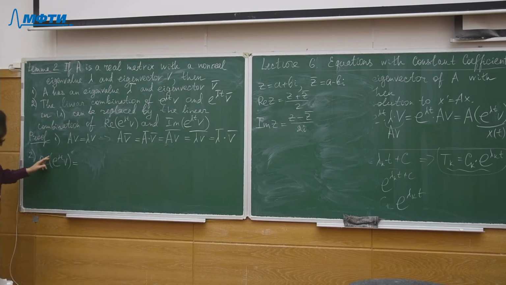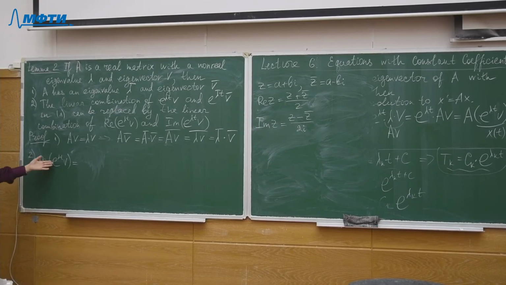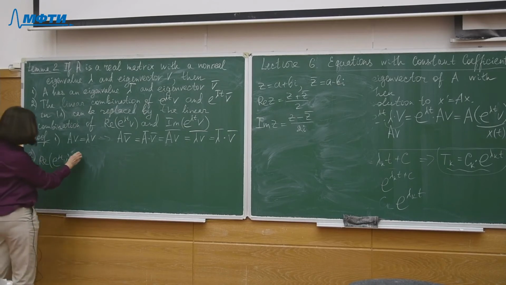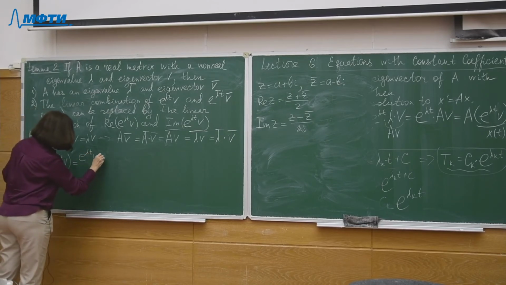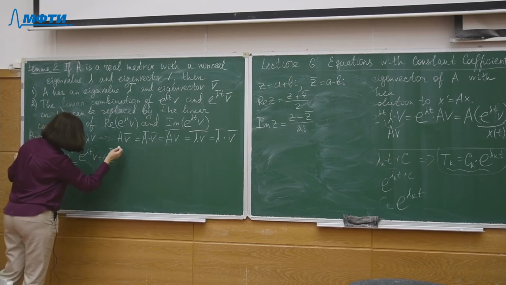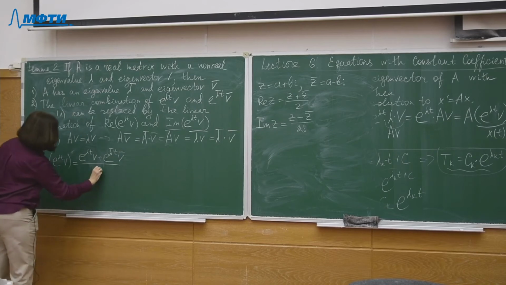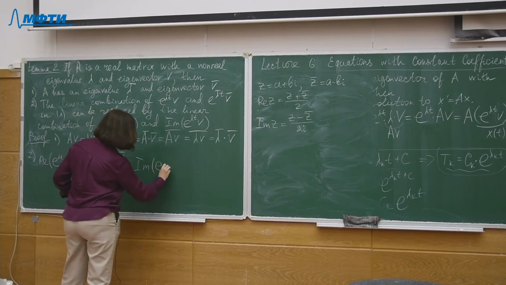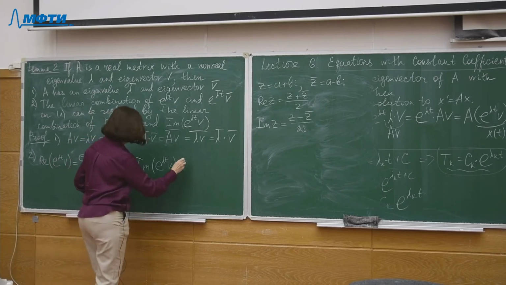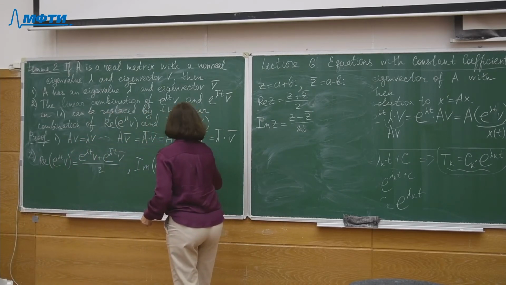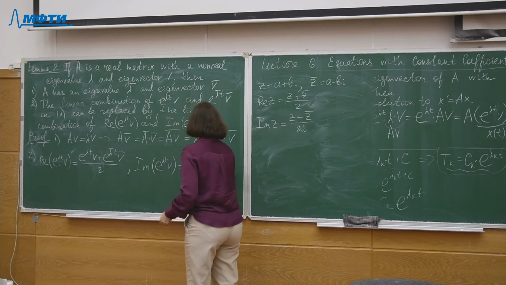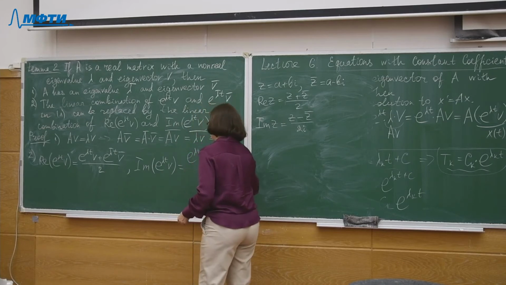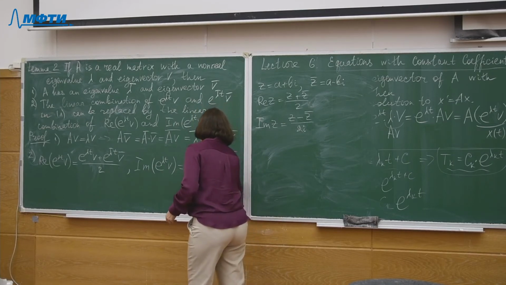For the vector, for each component of this vector, the real part is equal to e to the power lambda t v plus e to the power lambda bar t v conjugate, divided by 2, and the imaginary part is equal to e to the power lambda t v minus e to the power lambda bar t v conjugate, divided by 2i.